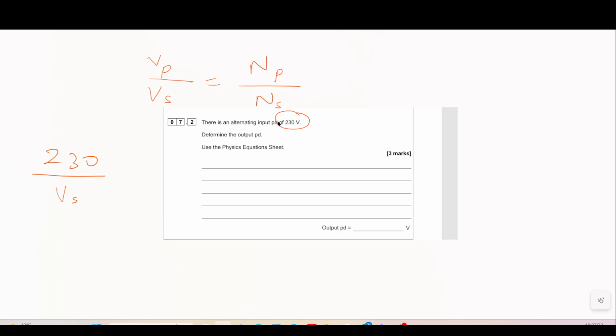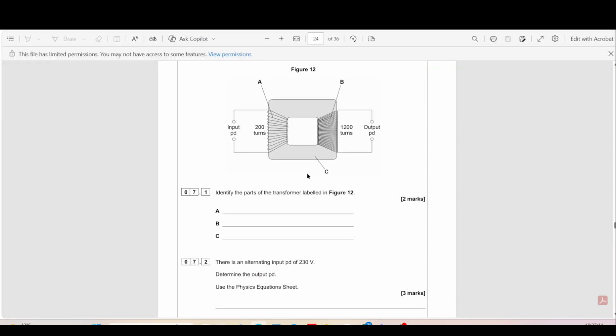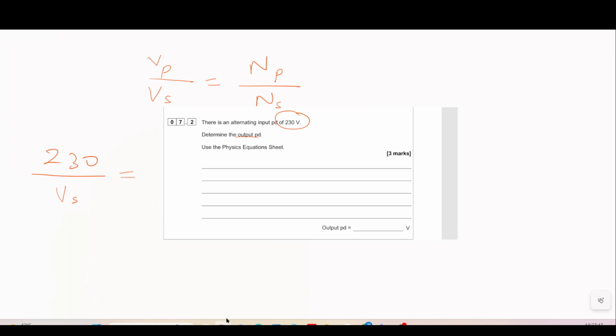So potential difference of primary coil, 230, divided by potential difference of secondary, which we need to find, equals number of turns, 200 for the primary coil, divided by number of turns of the secondary coil, which is 1200. So 200 divided by 1200.